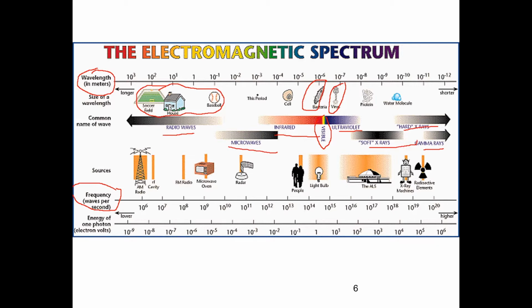Notice that the low frequency waves do not harm us, but as the energy increases, they become more harmful. As you probably know, some portions of ultraviolet rays are harmful to you, and certainly X-rays and gamma rays are harmful. So anything beyond that point is harmful to living things.